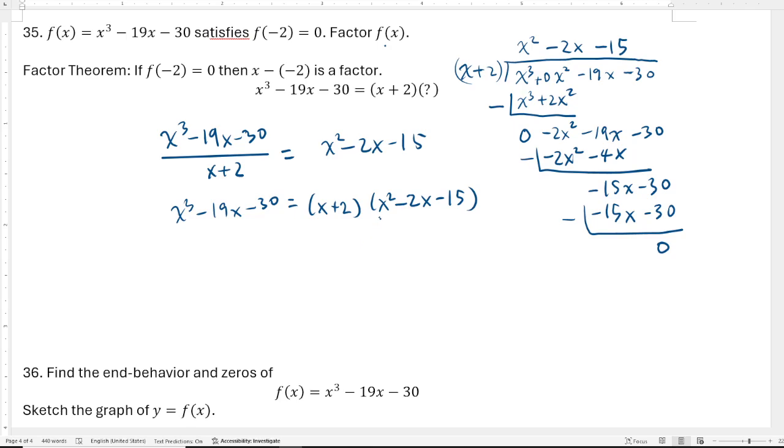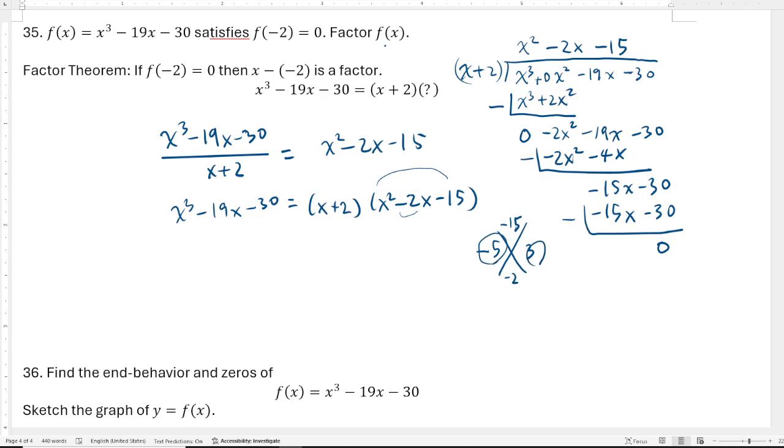Okay, however, this is not done yet because this part could be factorable as well. So let's think about two numbers that multiply to AC, which is negative 15. The middle one is negative 2. What are two numbers that multiply to negative 15 and add up to negative 2? Those are negative 5 and positive 3, right? They add up to negative 2, multiply to negative 15.